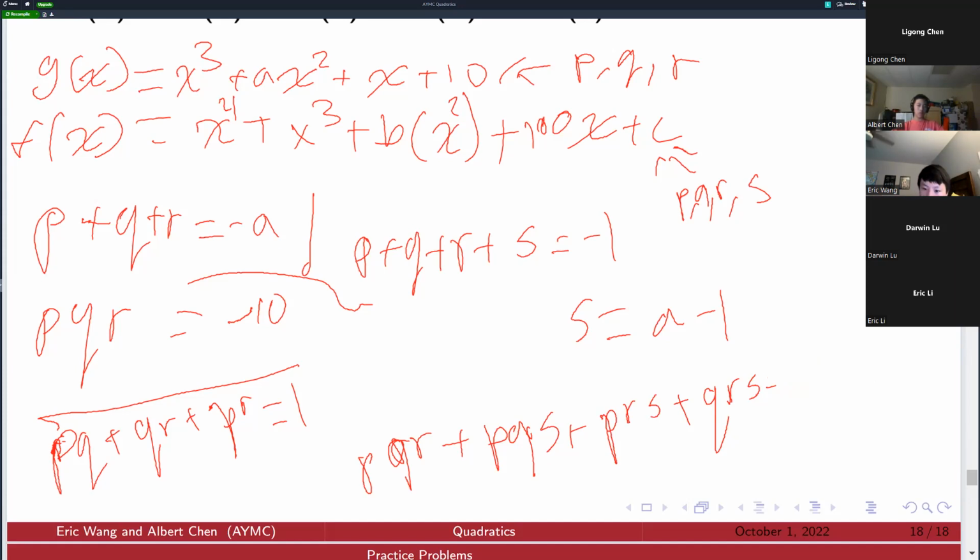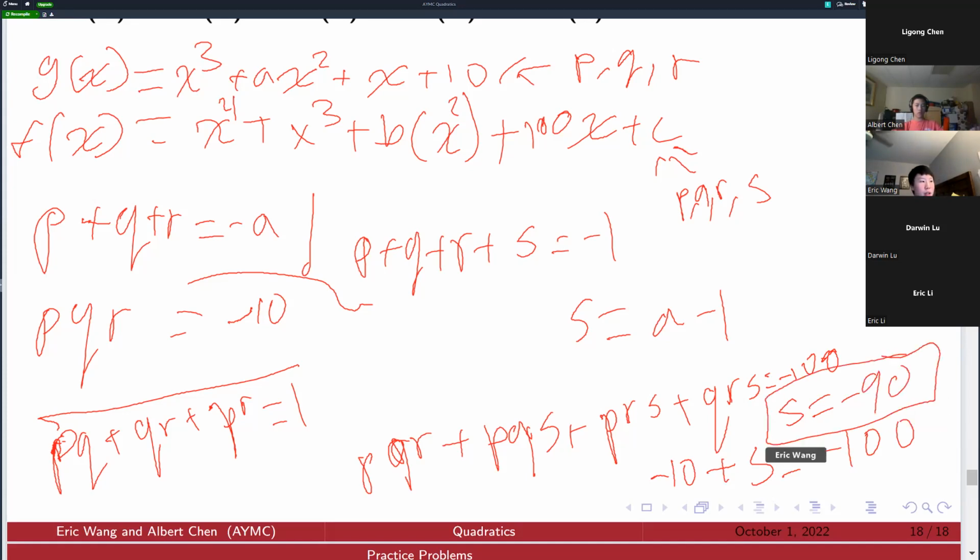So that's actually -100. And so you substitute pqr to get that -10 plus s equals -100. So we know that s equals -90. So this is our fourth root.